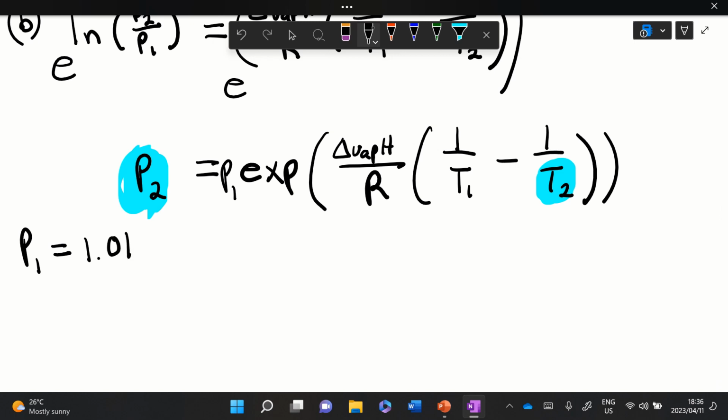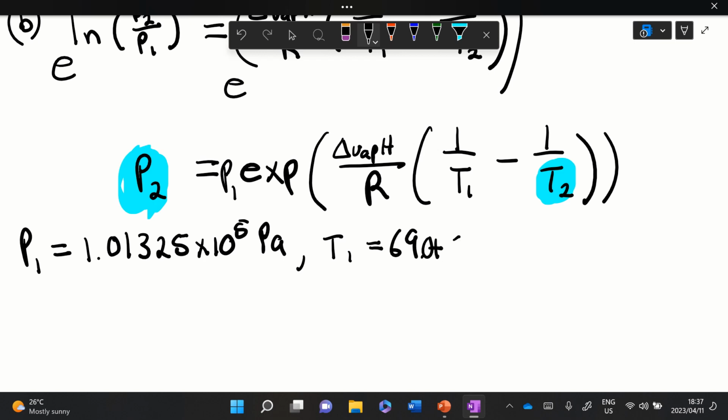I'm going to use just pascals, remember, because we need to work in pascals, not kilopascals. And then of course T1 is going to be 69.0 plus 273.15 Kelvin.